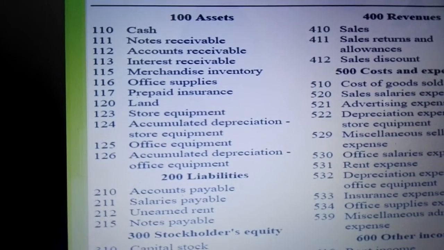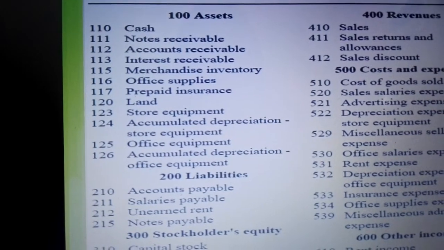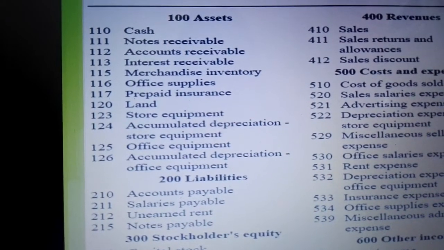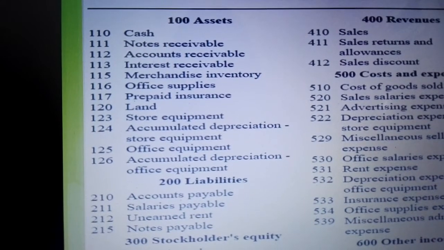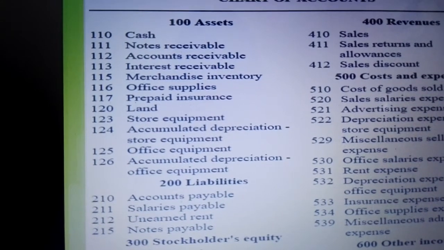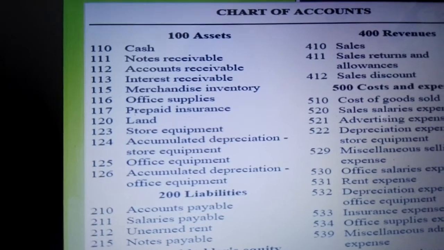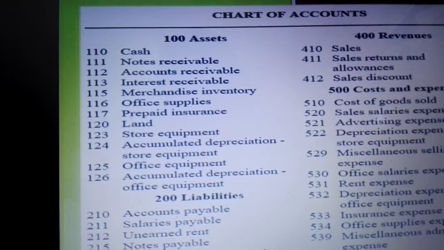Actually, this group of assets may be adjusted depending on the company. Some also have furnitures, store supplies, and buildings. It depends on the kind of company or type of business they have.